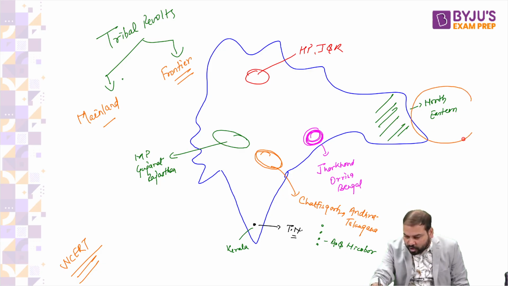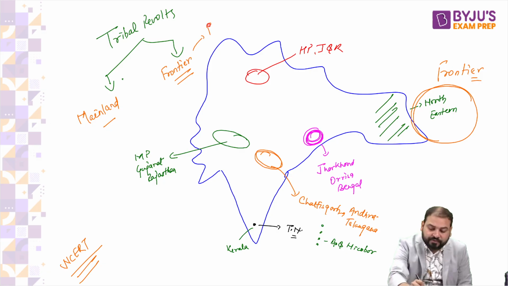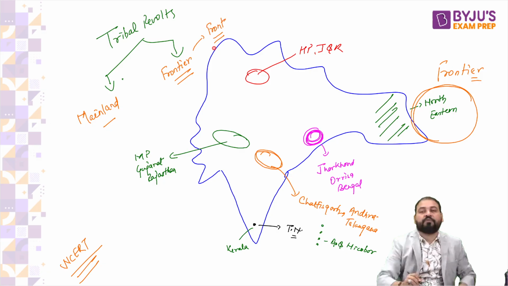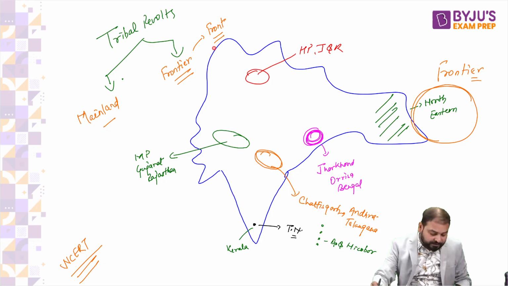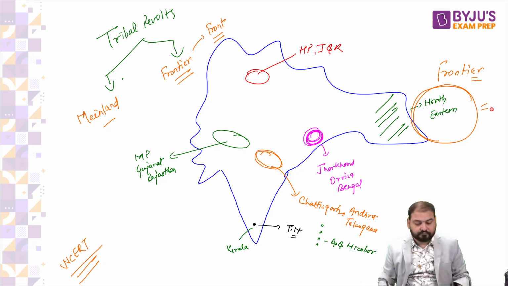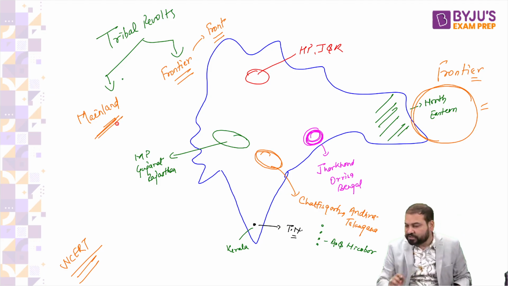So these northeastern tribal revolts are called the frontier tribal revolts. Frontier comes from the word front. Front is basically boundary, demarcation. So northeastern tribals or their movement we will study as frontier tribals. And the others would be termed as the mainland ones. Am I clear, everyone?